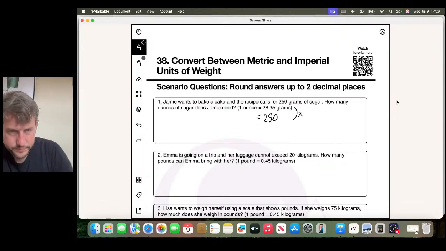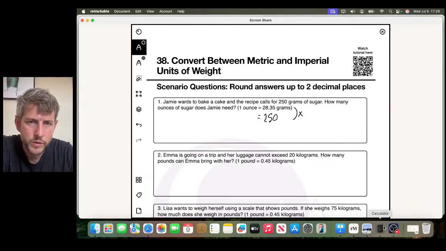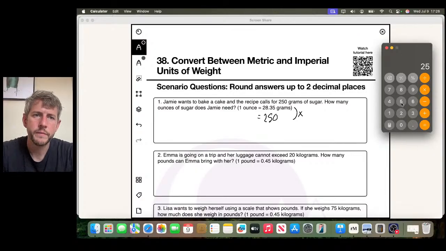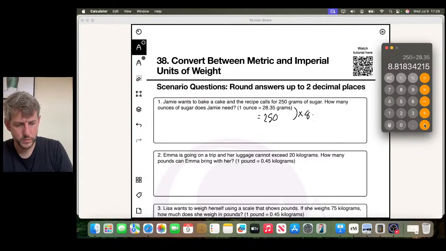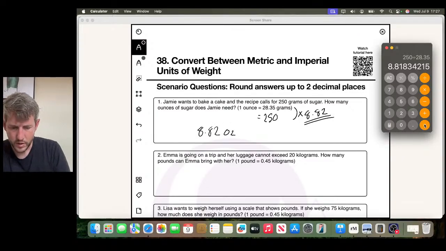So remember, we just do 250 divided by, okay, that'll be 8.82. Oz means ounces, but actually I'm going to write ounces because I've been writing ounces all the time.